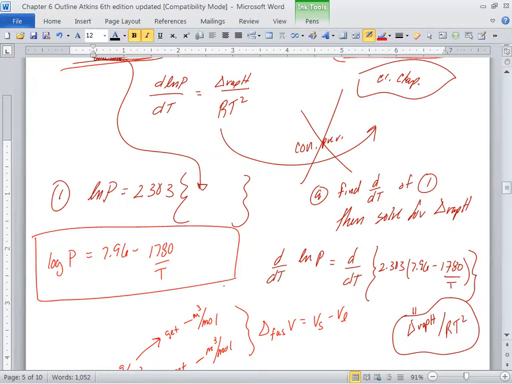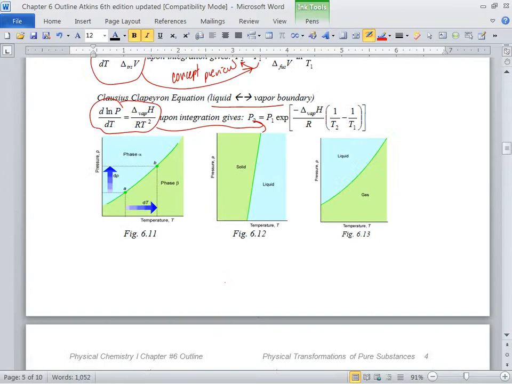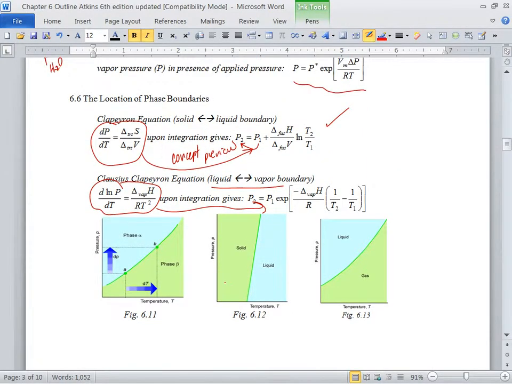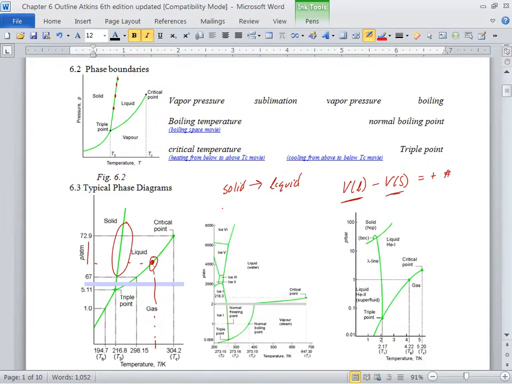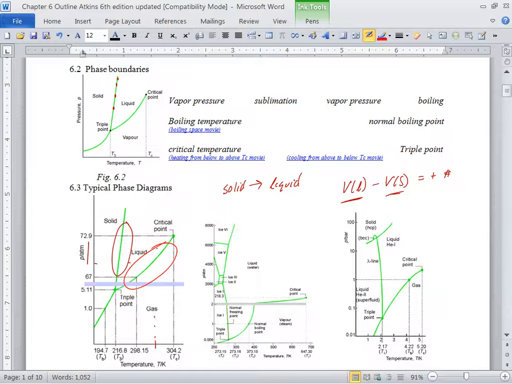Because that's our phase diagram. So to reach that vapor pressure, that temperature. So it's really the boiling point. Remember, that's the boiling point curve. I know it's kind of confusing, but if you take a look at the phase diagram, here's our gas-liquid boundary right here. That's where gas and liquid are at equilibrium.